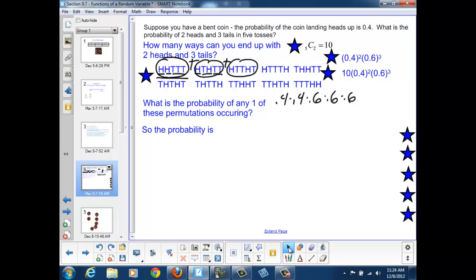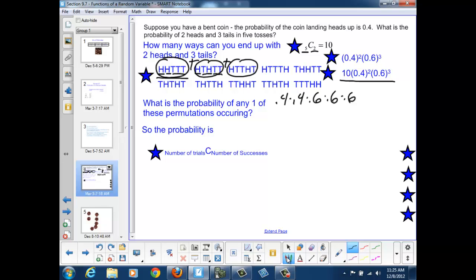Well, if you look at our formula up here, the 10 times 0.4 squared times 0.6 cubed, and we describe what each of those values represents, we can see that the first number, the 10, comes from the number of trials, which in this case was 5 trials, choose the number of successes, which in this case was 2 heads. So that 10 came from 5C2.